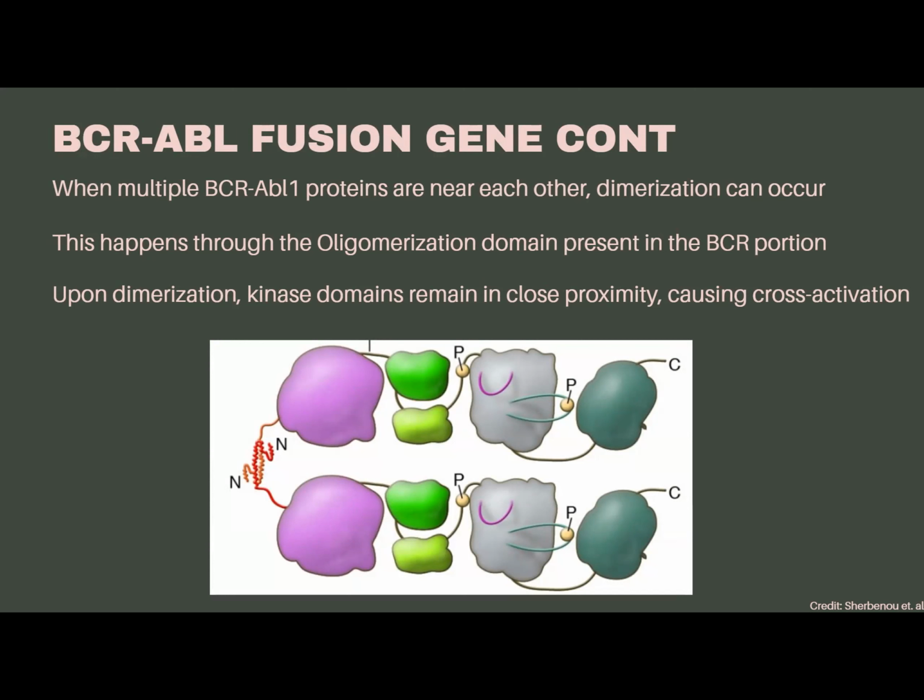When this happens, the kinase domains are directly next to each other. What's going to happen? Cross phosphorylation. So they're constantly activating each other.